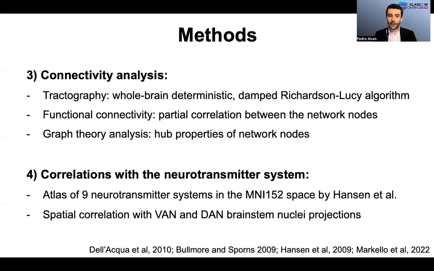Finally, we analyzed the relationship of these maps with the neurotransmitter systems by calculating the spatial correlation of the VAN and DAN brainstem nuclei projections with an atlas of 9 neurotransmitter systems provided by Hansen and colleagues.